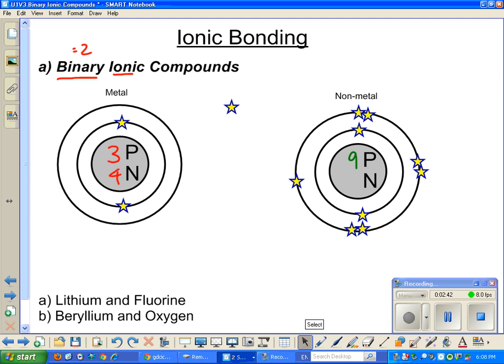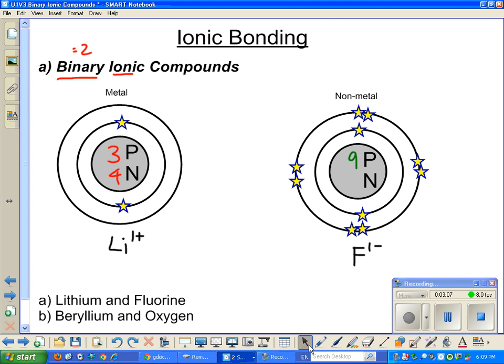That leaves lithium with one more positive than it has negatives. But this electron doesn't just hang out in outer space. It comes near fluorine, which is more than happy to accept it because once it does, it will have a full outer shell. And therefore, we have what is called the fluoride ion, or F1-.